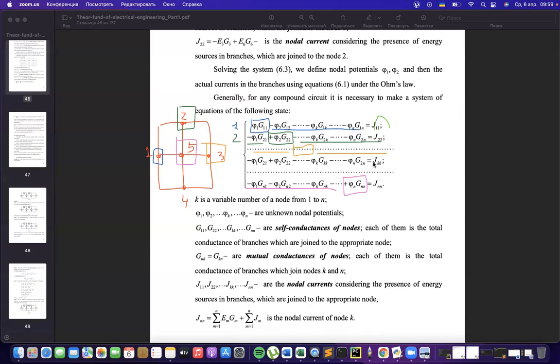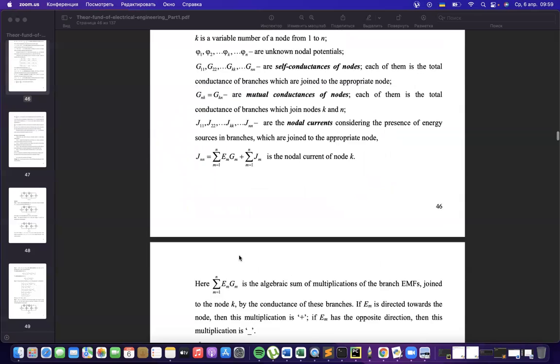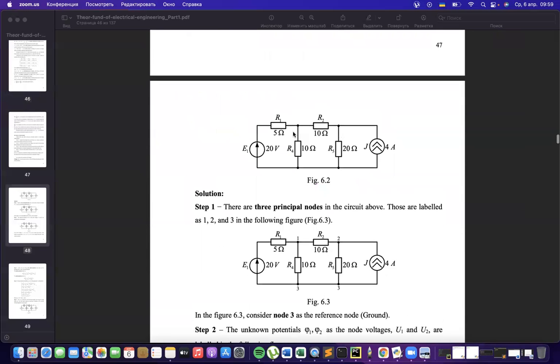About currents, the right part could be positive or negative, depending on the direction. If the source of energy is oriented to some point, it will be positive. For example, if we are writing the equation near the second point, and we see that this source is oriented to this point, then the sign will be positive.